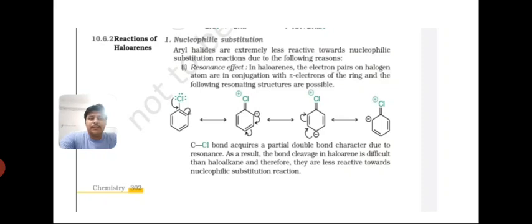As a result, the bond cleavage in haloarenes is more difficult than in haloalkanes, because a double bond is shorter than a single bond, so it is difficult to break. That's why they are less reactive towards nucleophilic substitution reaction. So this is the first reason: due to resonance, it is less reactive.